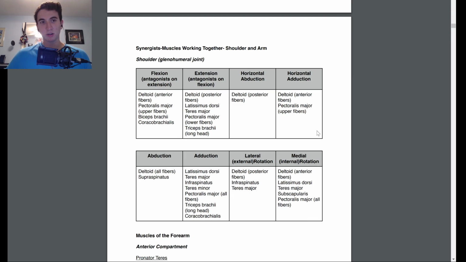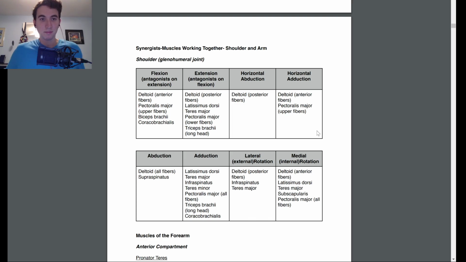Now the synergist and antagonist muscles of the shoulder and arm. So the shoulder, the glenohumeral joint. Flexion antagonists, and extension antagonists. Antagonists of flexion, meaning they work against flexion: deltoid anterior fibers, pectoralis major upper fibers, biceps brachii, and the coracobrachialis.